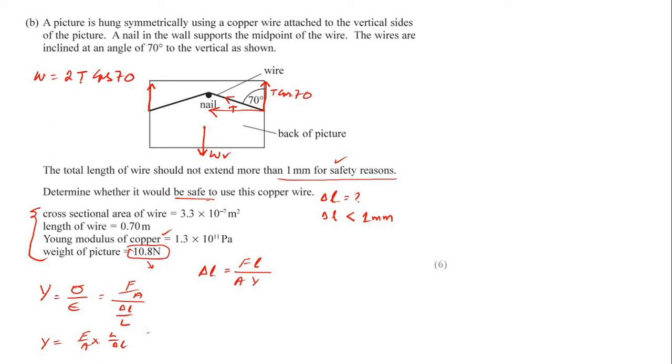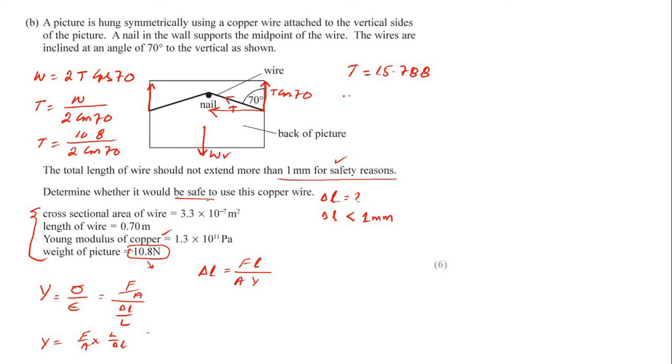From here you need to find T. So T is equal to W divided by twice cos 70, and W is 10.8 divided by twice cos 70. So T, the tension in the wire, will be 15.788.